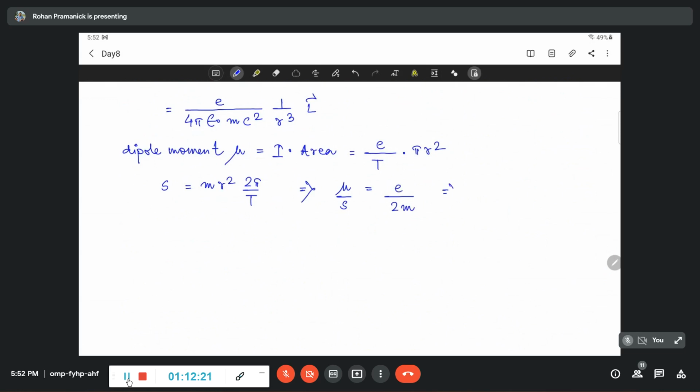So this gives you mu, as a vector quantity, equal to e by twice m into this spin. Okay, so this is the picture that you get.